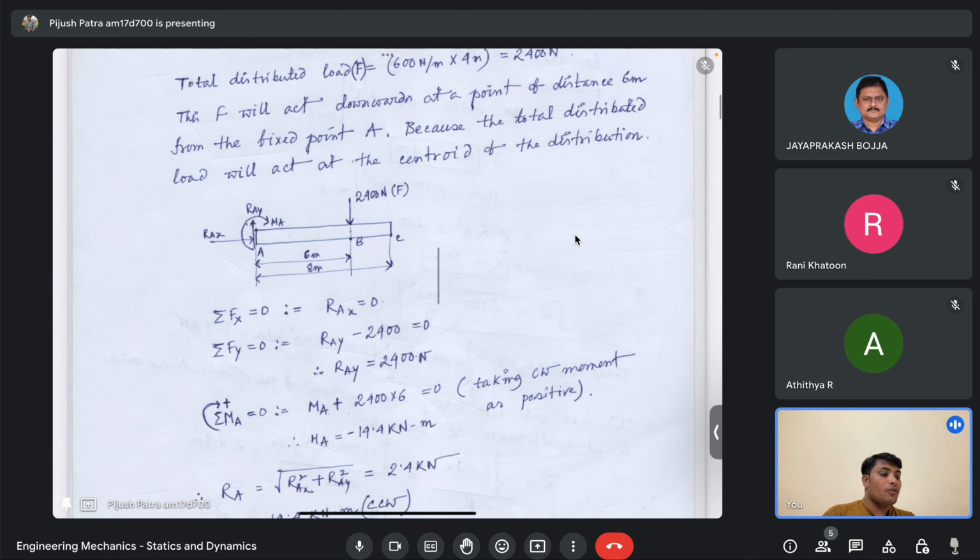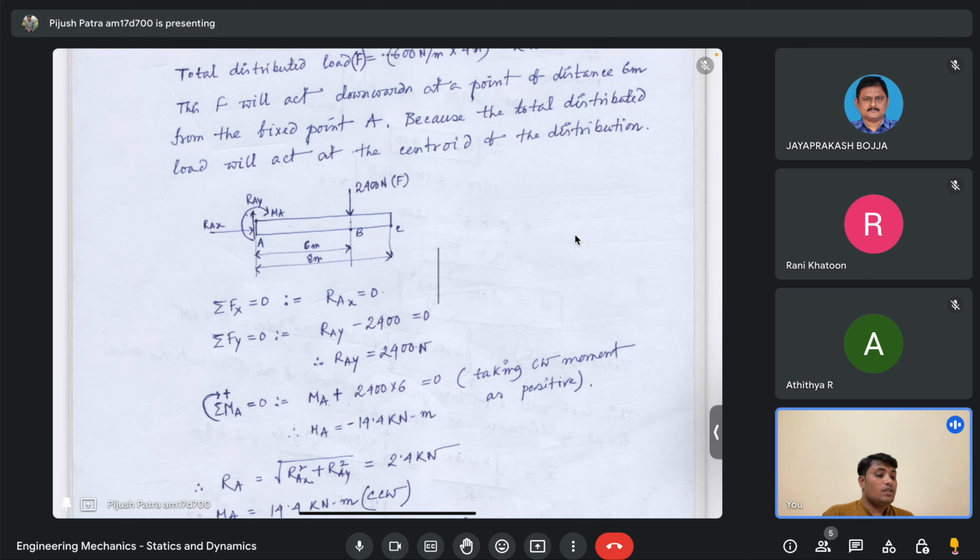Now in the similar way you can calculate the reaction moment at the end. So what will be the reaction moment at the end? If you take the moment about point A, both the forces RAX and RAY are passing through the point A. So about the point A, the moment due to RAX and RAY will be 0.